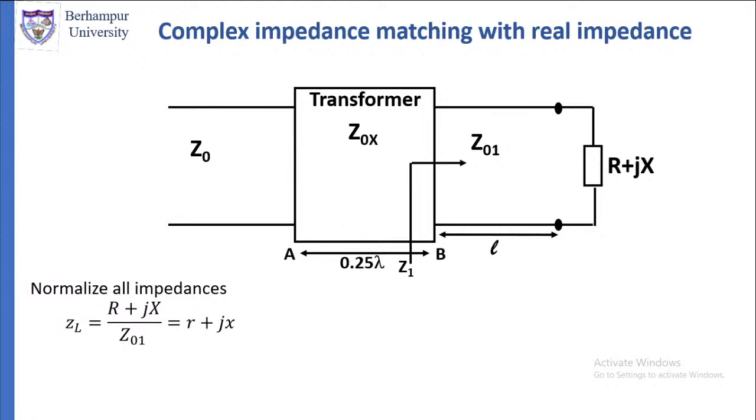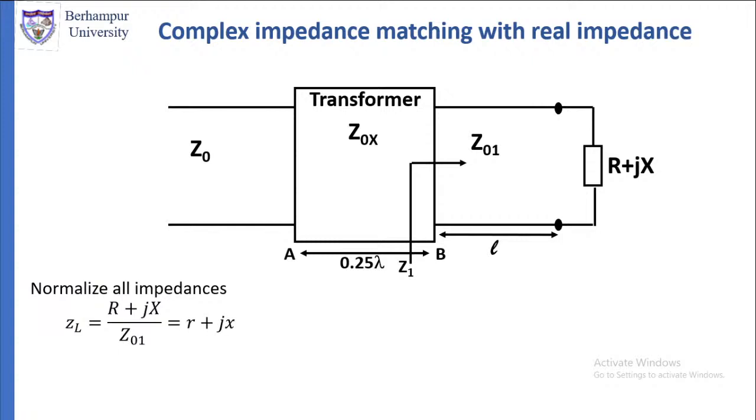Let us normalize ZL with respect to some arbitrary impedance Z01. So small zL is equal to capital ZL divided by Z01, which we write as small r plus j small x.